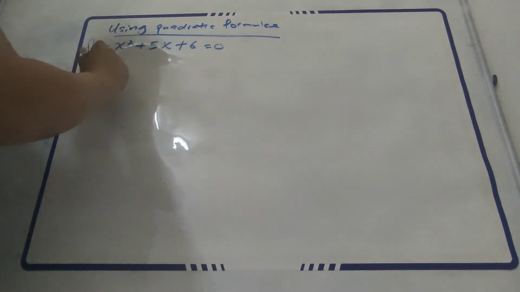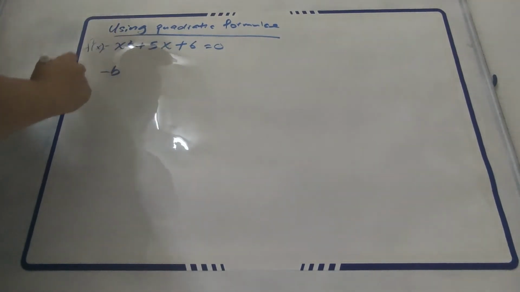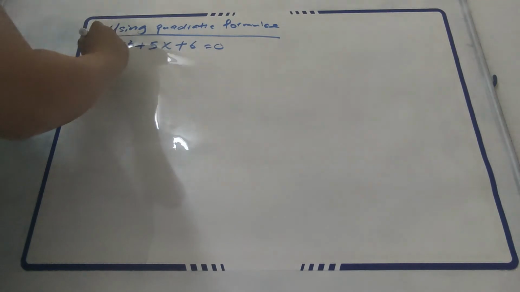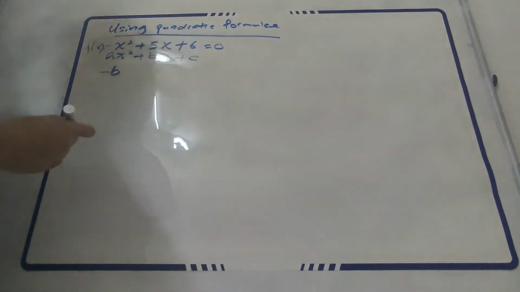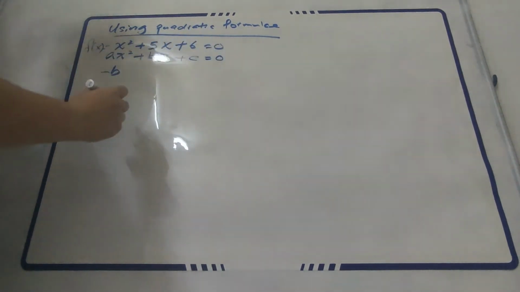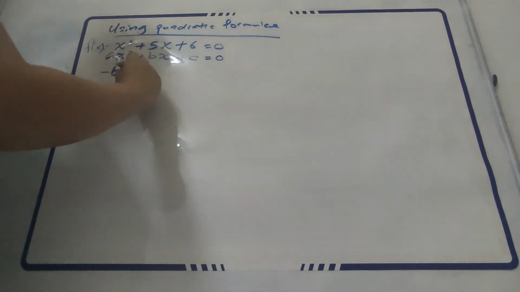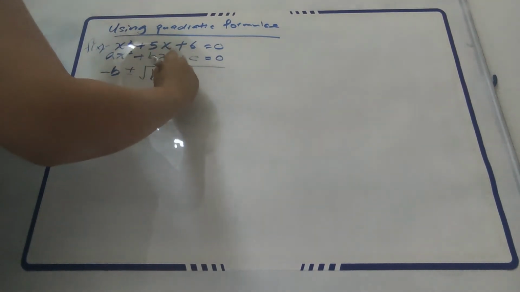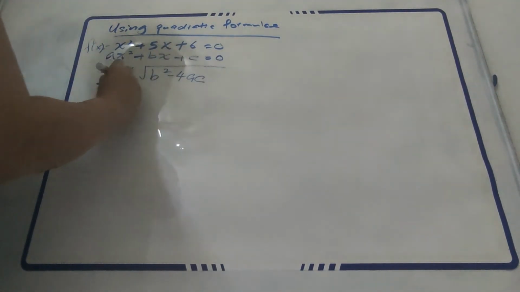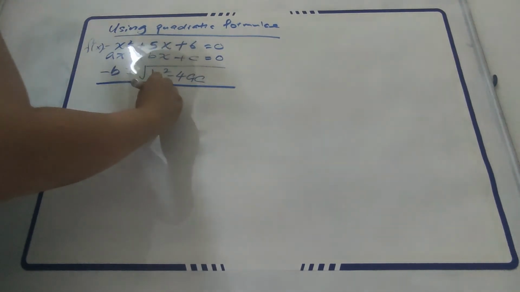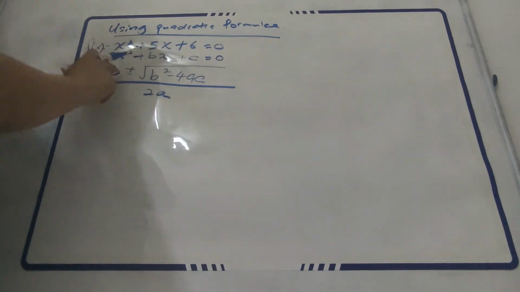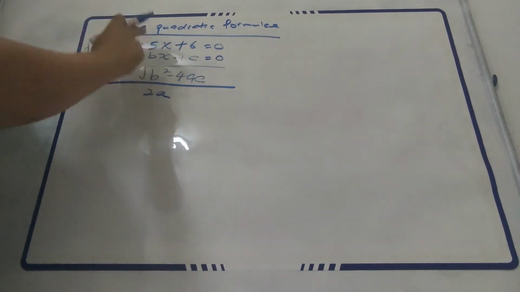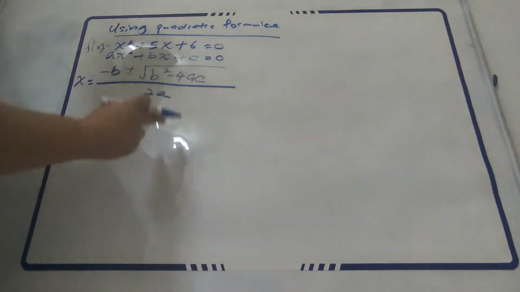The quadratic formula has this form: ax squared plus bx plus c equals 0, where a, b and c are the constants. The root x equals minus b plus and minus square root of b squared minus 4ac, divided by 2a.